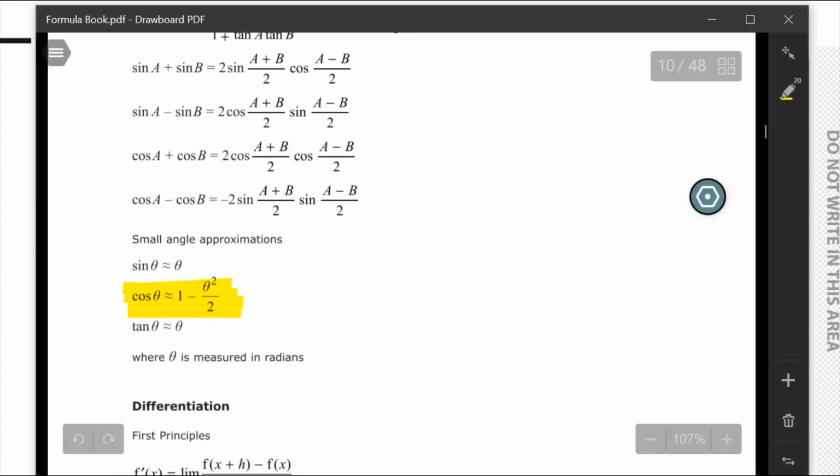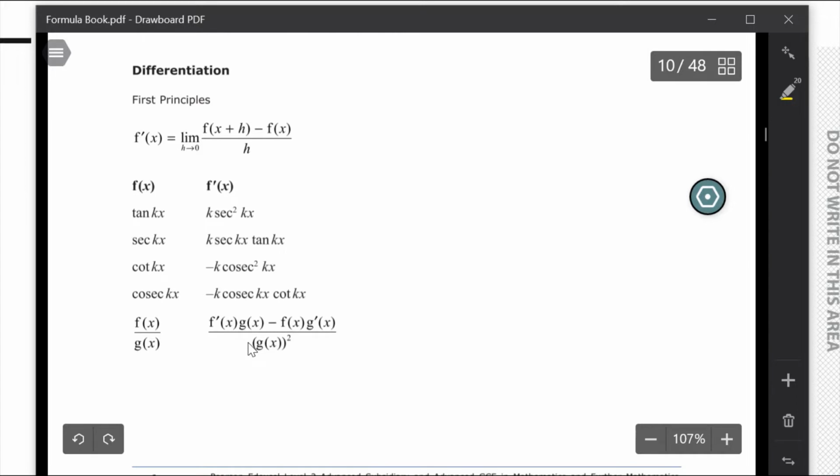And if we go to the formula book, that's shown here. When we have a function over another function, we'd have to use the quotient rule. When we differentiate f of x divided by g of x, the result of this is f dash times by g minus f multiplied by g dash over g squared, where f and g are both functions of x.